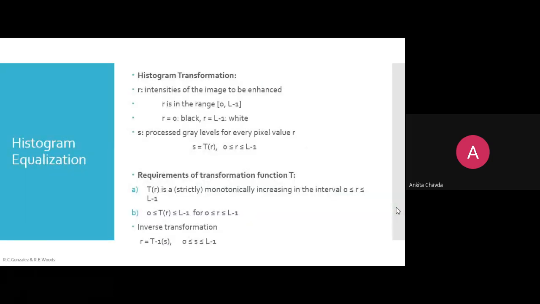You can write these two conditions also, for histogram equalization. What is the requirement of your transformation function T? What should it be like? Requirement of your transformation function. Note it down.